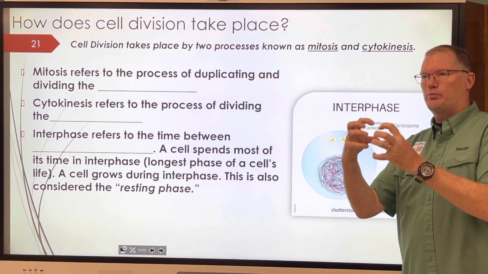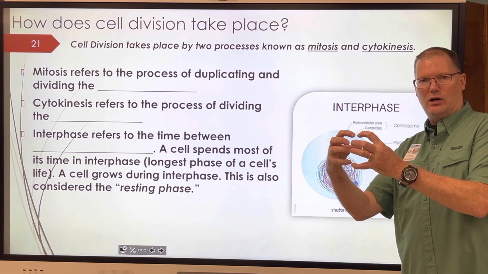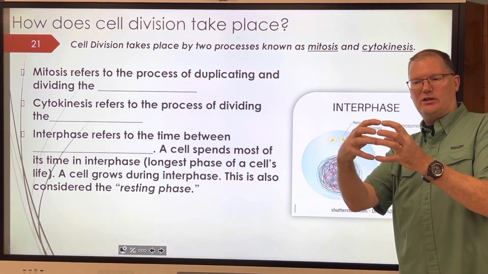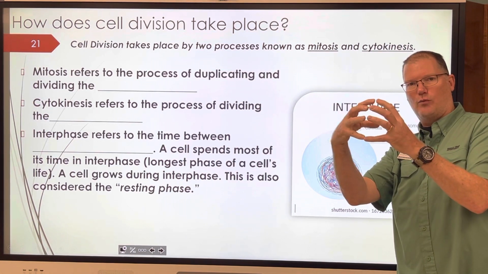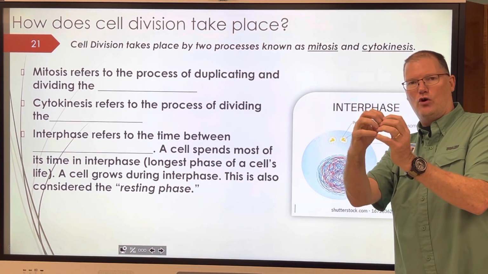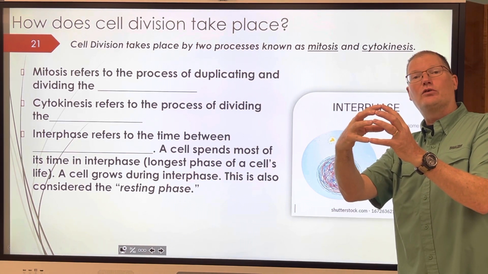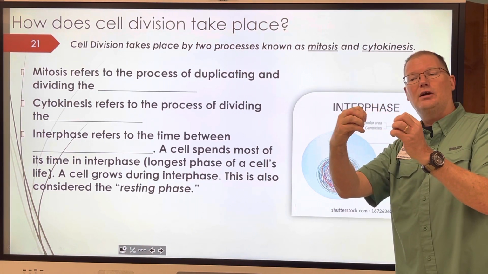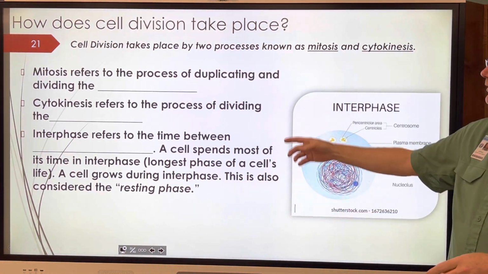Mitosis is the actual process of doubling the DNA and the other organelles. And then cytokinesis is the breaking apart of the 2 cells, and now you've got 2 cells from one. The one cell grows, gets too big, goes through mitosis, and then goes through cytokinesis, and now you have 2 cells from the one cell. That's how it works, okay?